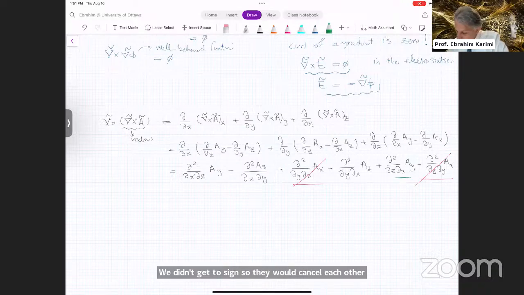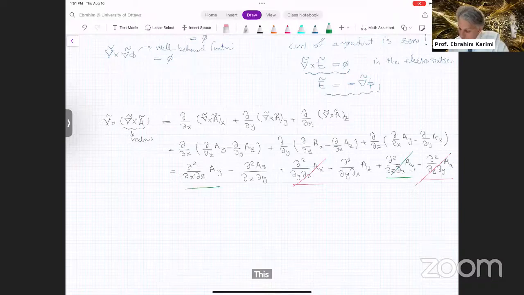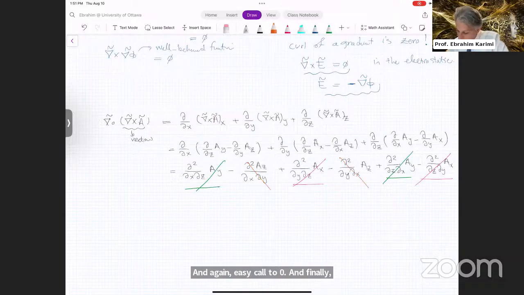This term, Ay, is identical to this term, and again is equal to 0. And finally, this term is identical to that Az. I made a mistake in the minus sign. For sure, it's equal to 0. Okay, guys, I think I have made a minus sign mistake.